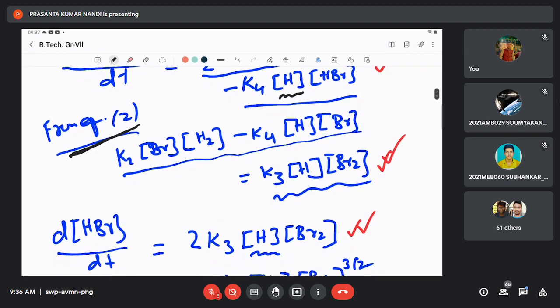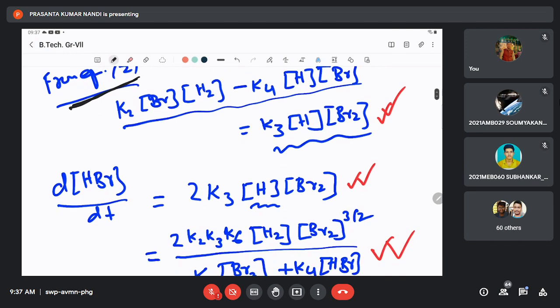This is very interesting. So we have been able to express the rate of formation of hydrogen bromide in the gas phase as equal to K3 times the hydrogen radical concentration times [Br2].